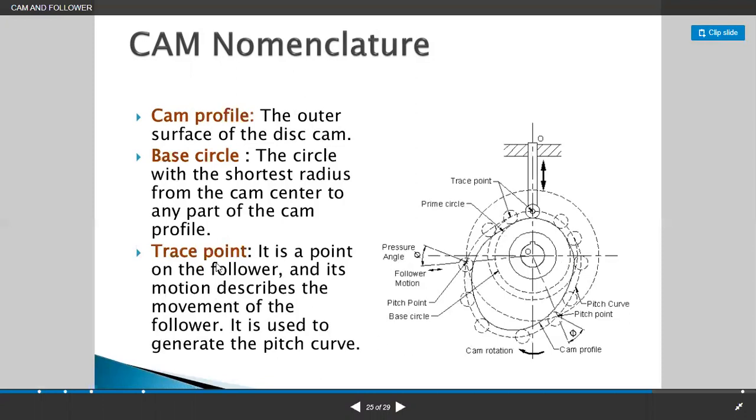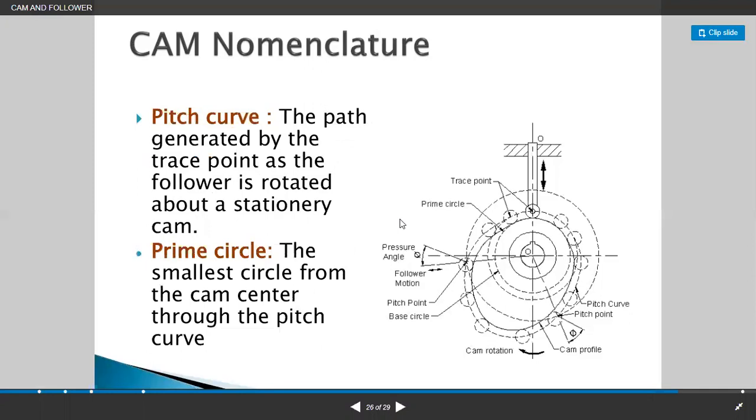Third one is the trace point. It is a point on the follower and its motion describes the movement of the follower. It is used to generate the pitch curve. There are different kinds of trace points in the figure.